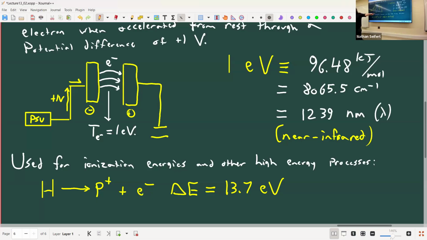So this is a really, really easy way to calibrate this energy very, very precisely. Right? You can use spectroscopy to do it very precisely. There's other ways that people calibrate this, but it's a really simple way of doing it, right? To find out the voltage that causes hydrogen to start glowing. That's exactly 13.7 volts.